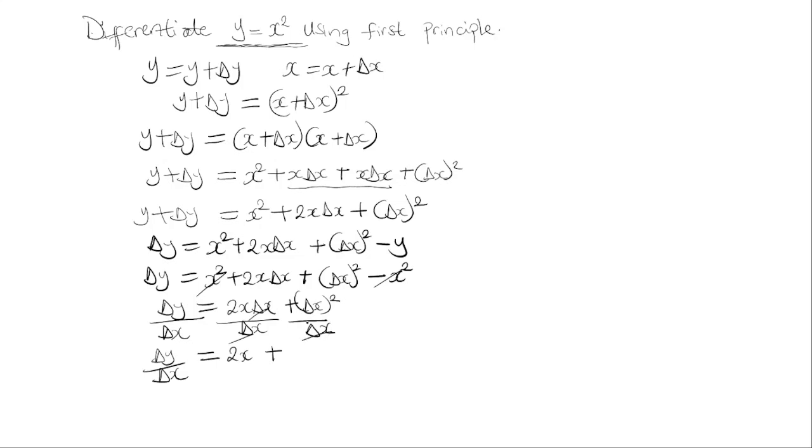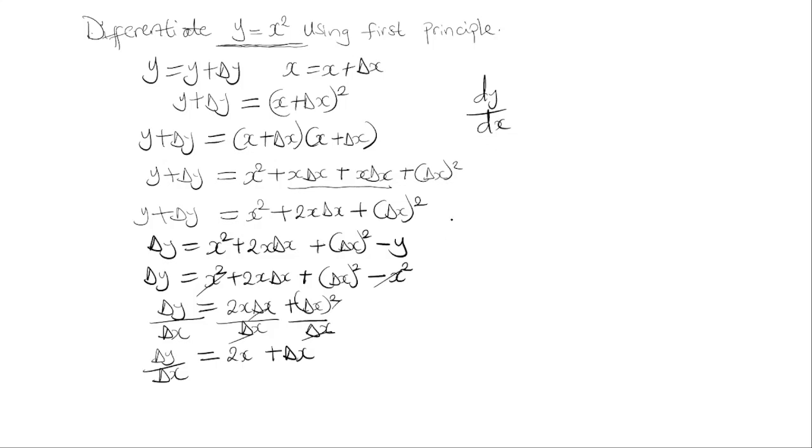So we cancel one of the delta x here, we'll be left with plus delta x. Remember when you are differentiating y is equal to x squared, what we are finding is dy dx, not delta y over delta x.